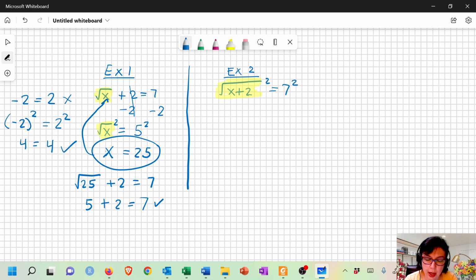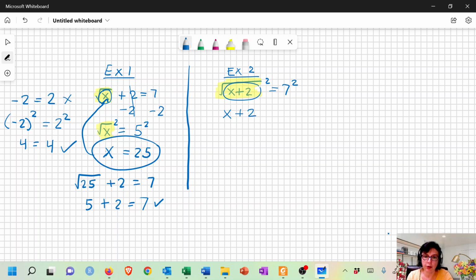Now, if you have an expression under the square root that has more than one term, as in the first example, you didn't have it. You only had one term, which was x. But here, there's x plus 2. When you do this sort of thing, you need to understand that you are taking the square root and then squaring it of that whole expression, right? So that x plus 2 is going to be left.